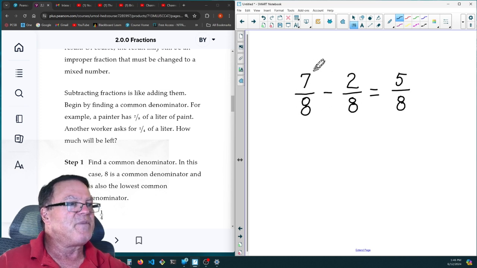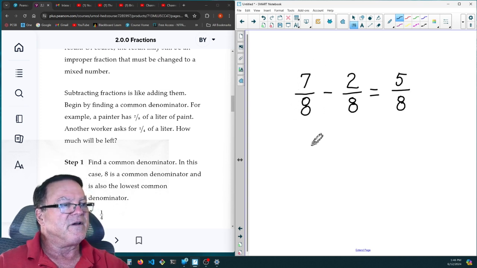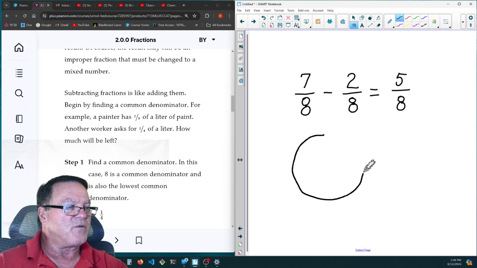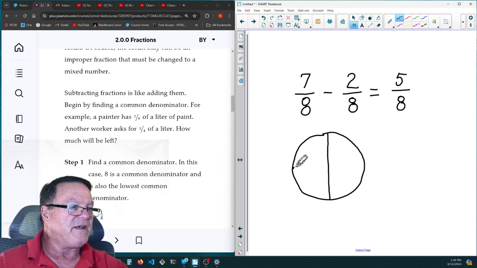This is 7 pieces of a pizza pie that has been cut into 8 equal pieces. So we have a pizza here, and we've cut that pizza into 8 equal pieces. Let's see if I can do this here. There.